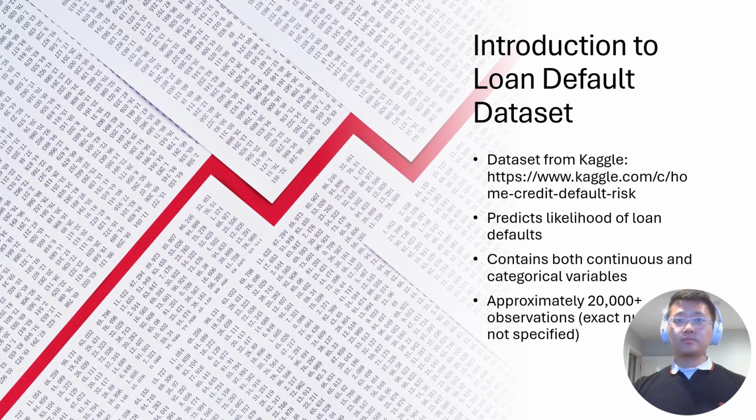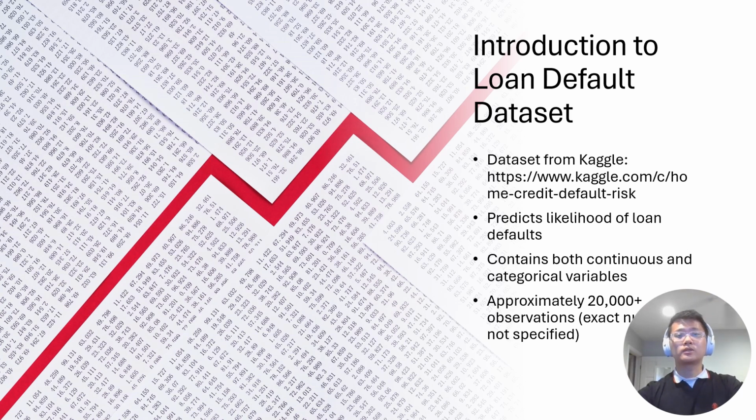This one has about 20,000 observations, and I believe this data set provides valuable information on loan characteristics and borrower attributes. It allows us to analyze factors contributing to loan defaults.